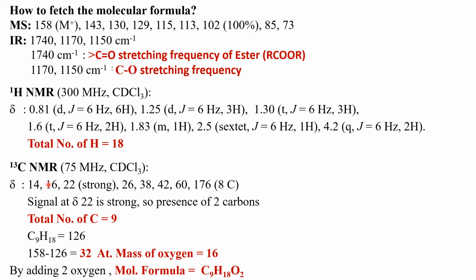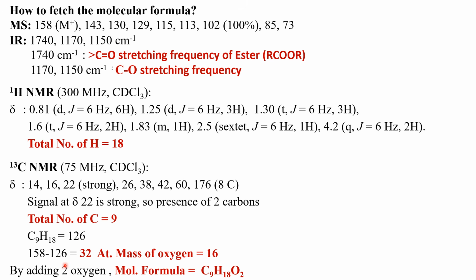C13 NMR exhibits a total of 8 signals, out of which the signal at 22 is strong in intensity, so maybe 2 carbons are present there. So the total number of carbons becomes 9. With this information, the molecular formula becomes C9H18, which gives a molecular mass of 126, while the given molecular mass of the molecule is 158.